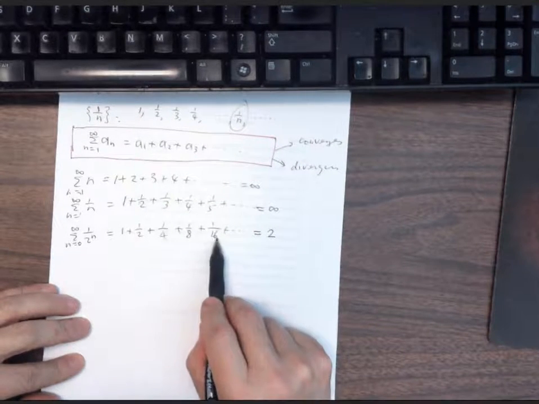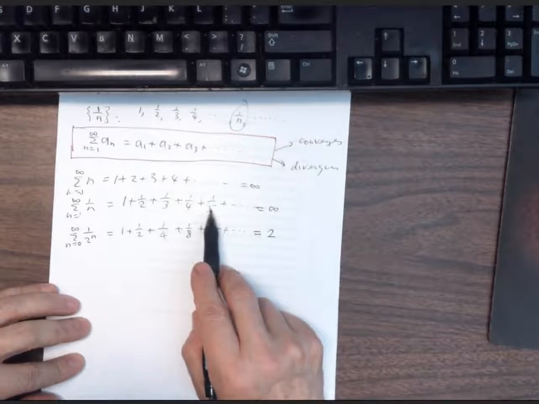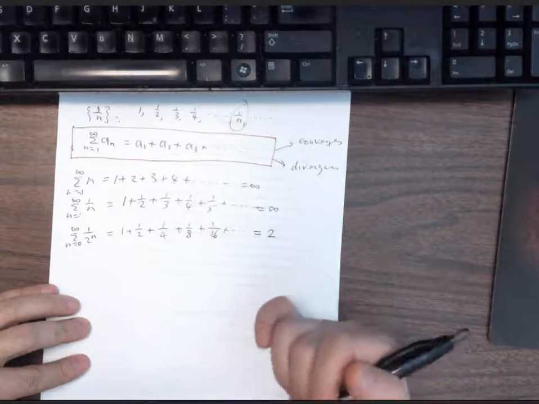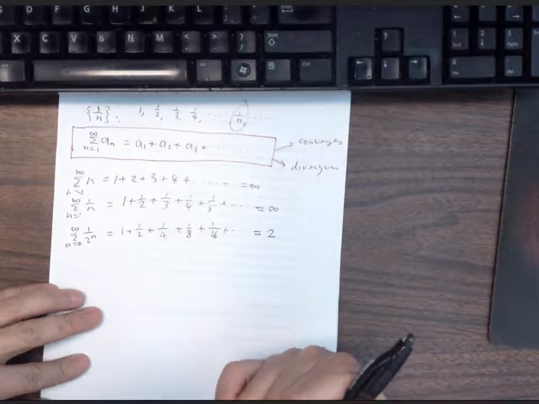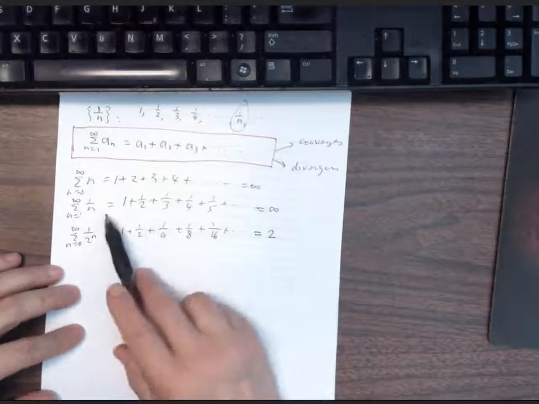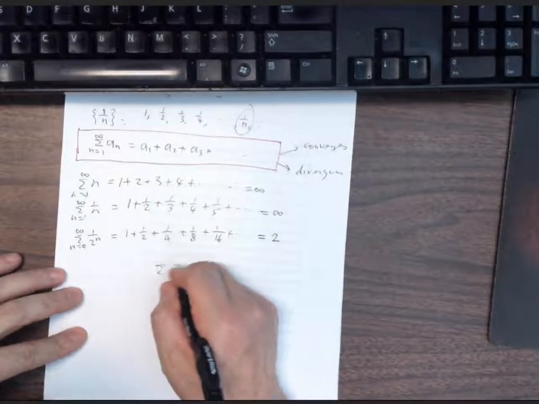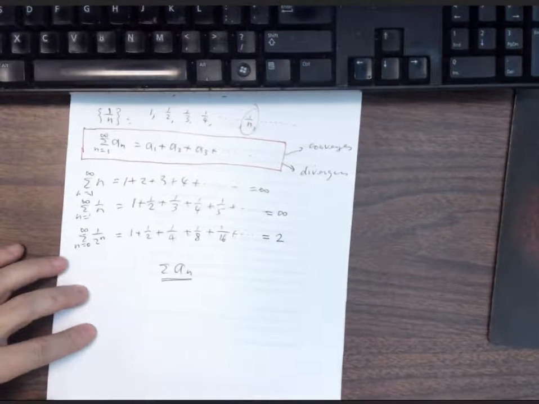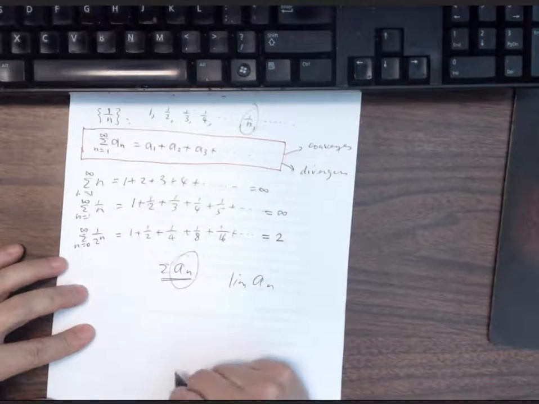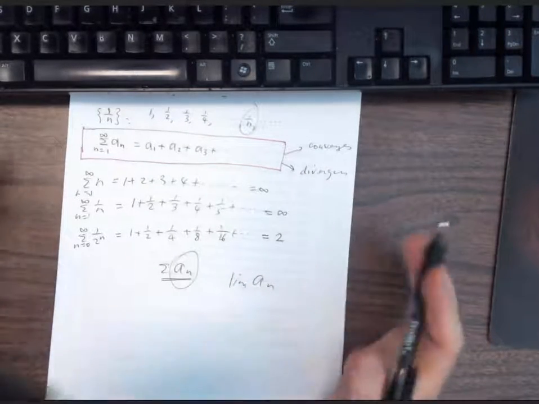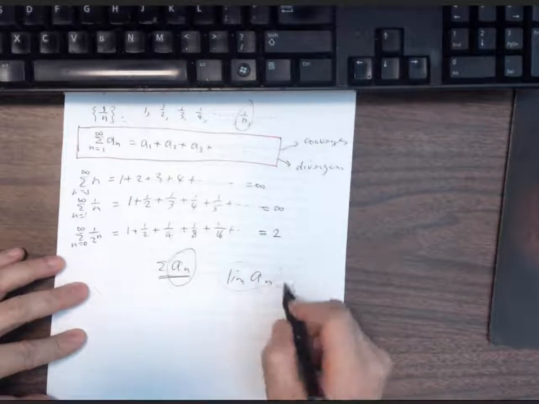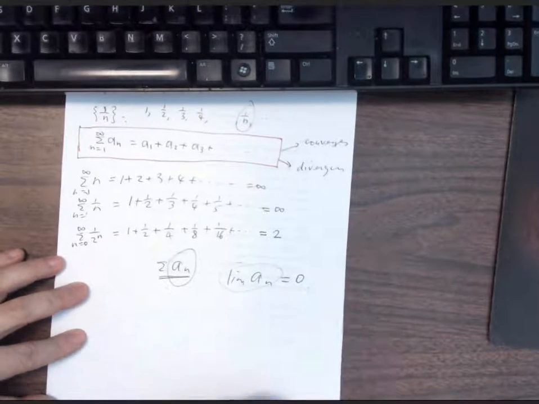Those terms become smaller and smaller faster than the terms in this series. So we suspect that convergence or divergence of an infinite series is probably related to the limit, specifically, from what we can tell now, how fast this thing becomes 0.